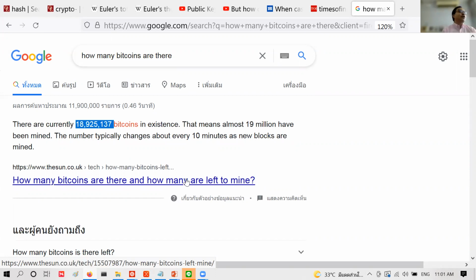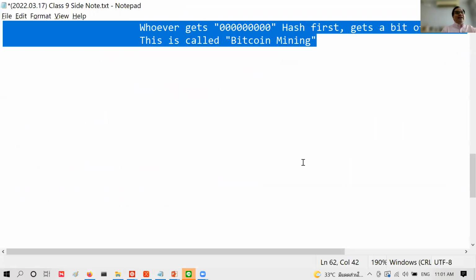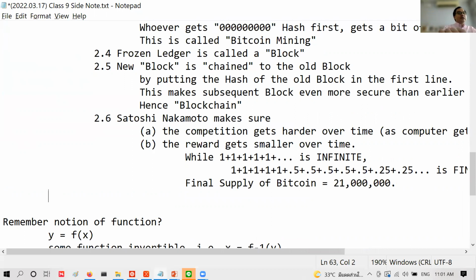By 2040, this number, so right now, let's write that down. From 2008 to today, it's 17 million.